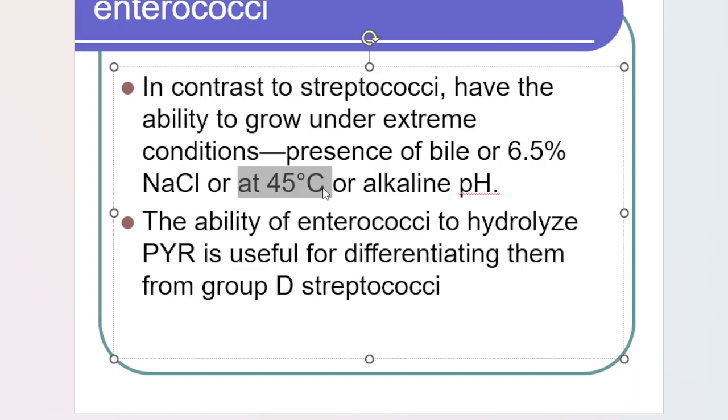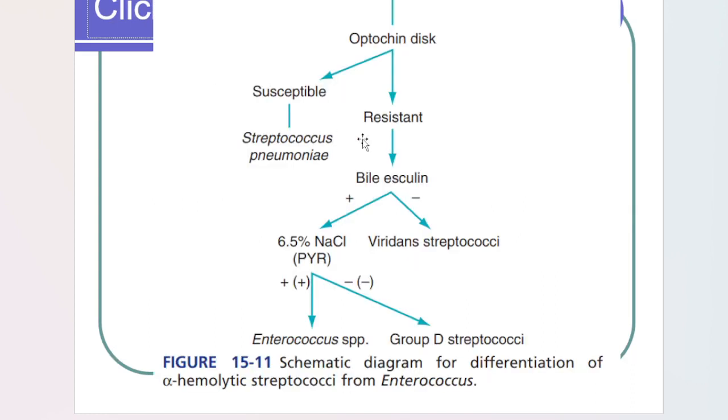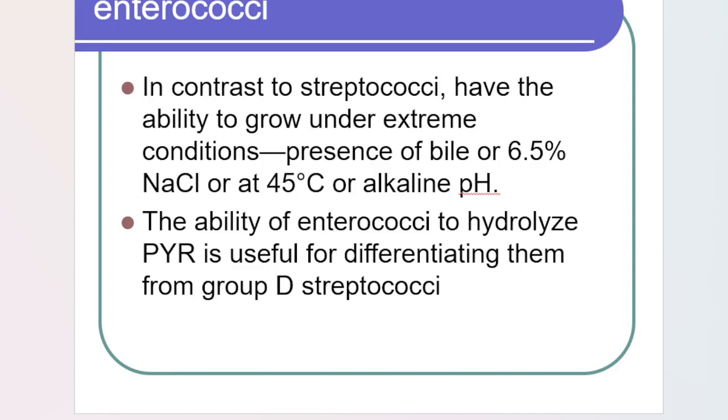That is how Enterococci are. They can also hydrolyze PYR. If you remember, 6.5 NaCl or PYR are both positive for Enterococcus but negative for group D. That is useful in differentiating them from group D. So there are two tests you can use to differentiate Enterococcus from group D: growth in 6.5 NaCl and the PYR test.